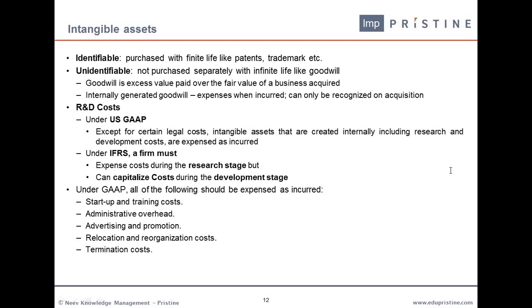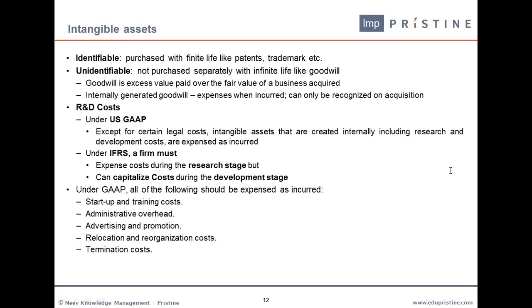Goodwill, you just have to remember, is the excess value paid over the fair value when you acquire a business, and that is an unidentifiable intangible asset, and it doesn't get amortized. This is a point that you have to note. When you have intangible assets, you amortize them.